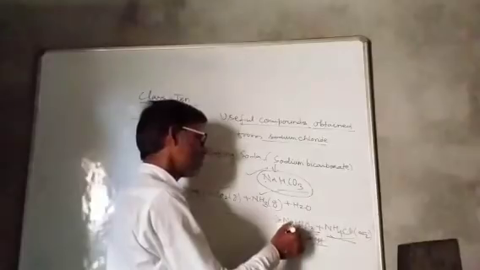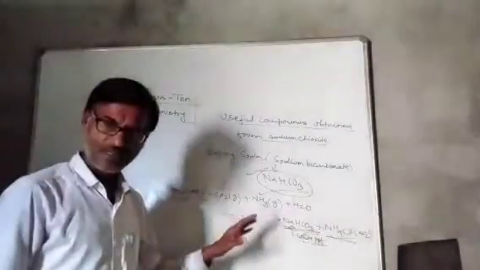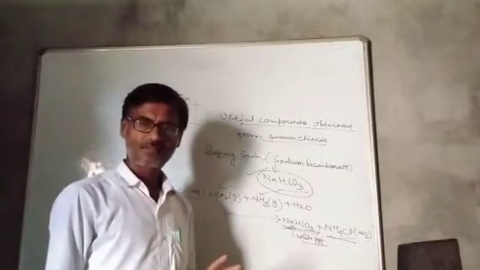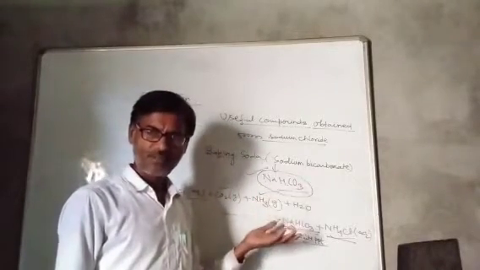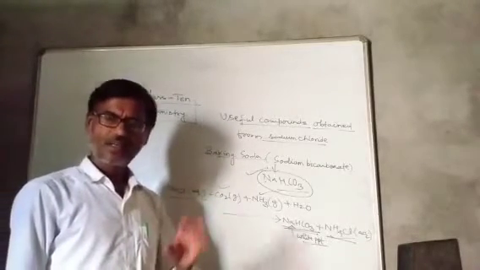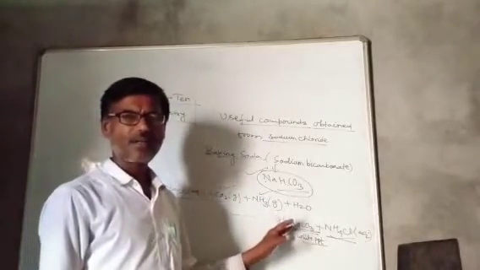Sodium hydrogen carbonate is baking soda. It is insoluble in water and forms a precipitate, so it can be separated by filtration.